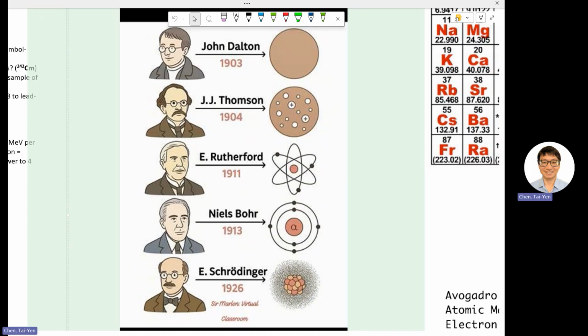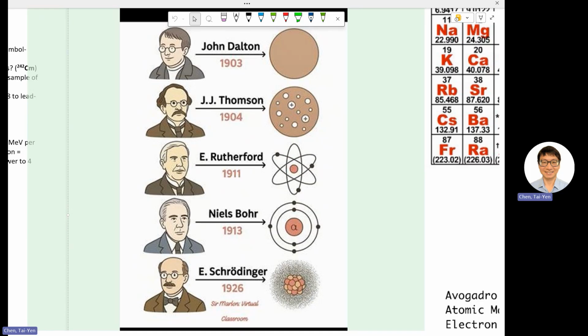After another 13 years, a very famous thing called quantum chemistry showed up, invented by Schrödinger. The difference from the Bohr model is that previously we thought electrons orbit around the nucleus along specific trajectories.